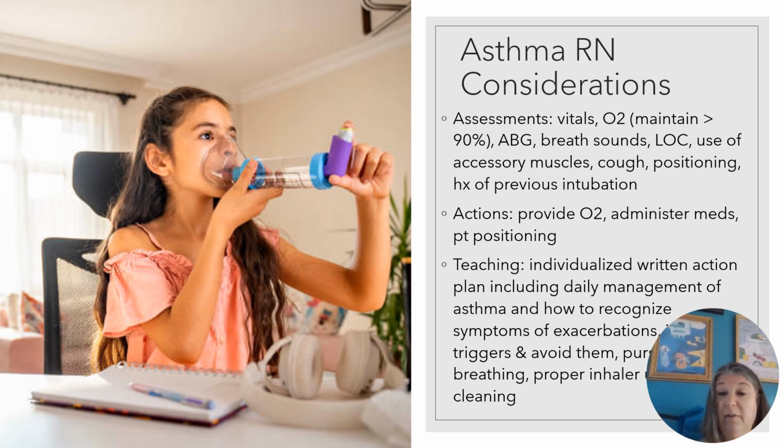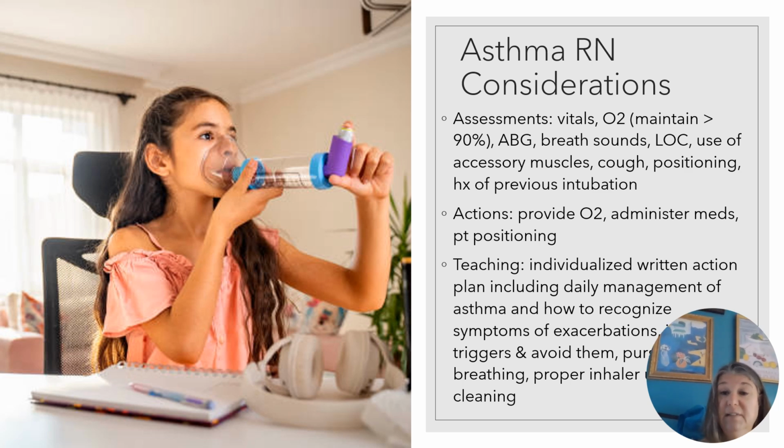We're going to monitor for level of consciousness. Hypoxemia can result in changes to level of consciousness because the brain is not getting enough O2. Don't forget about the ability to speak in full sentences. When our person is having an asthma attack, an inability to speak in full sentences is a classic sign that indicates respiratory distress.